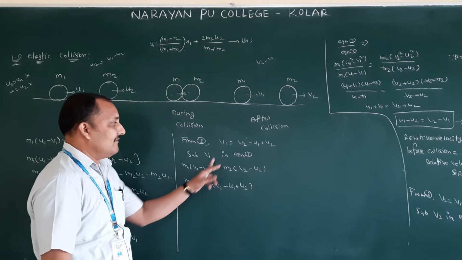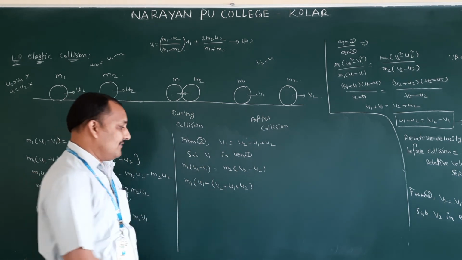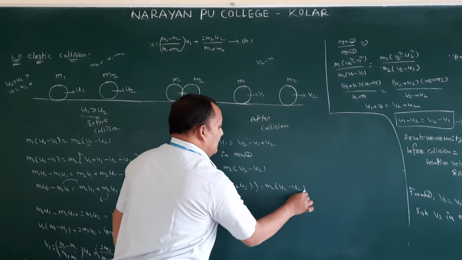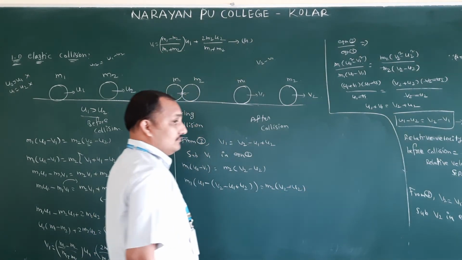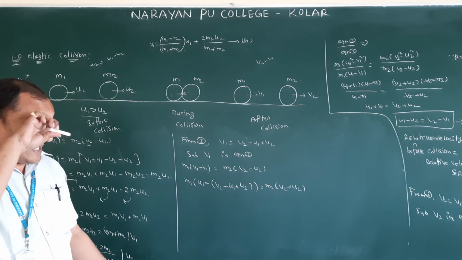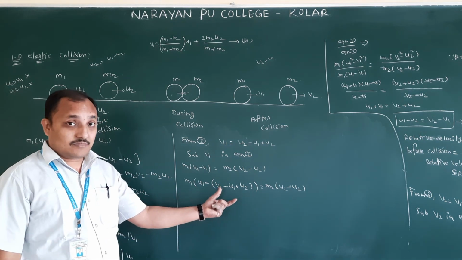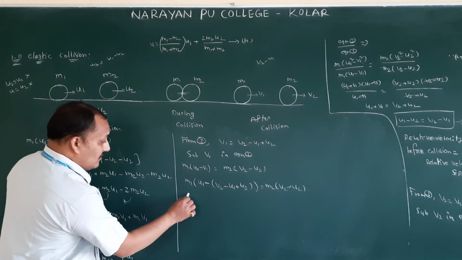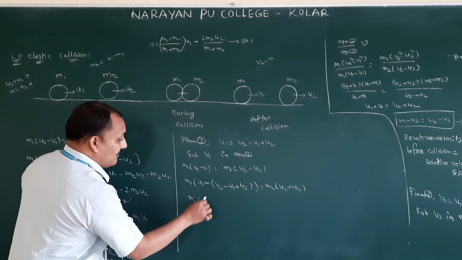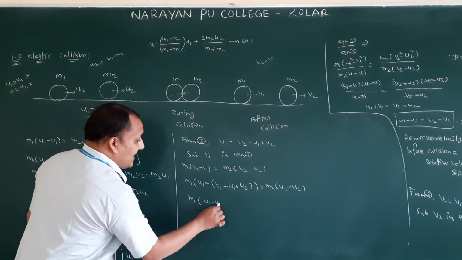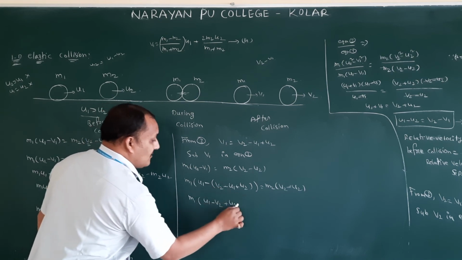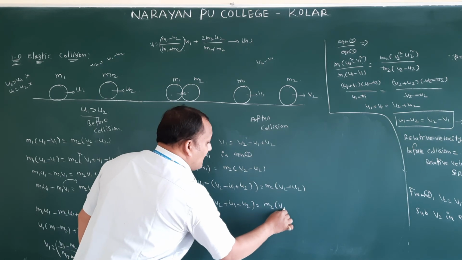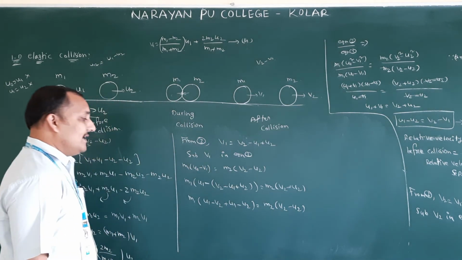Then keep bracket for v1 because this minus will be multiplied for all, is equal to m2 (v2 minus u2). If class is going, actually you will only derive this one, but we are here, therefore I am deriving here. So m1 into u1 minus v2 plus u1 minus u2 is equal to m2 (v2 minus u2).